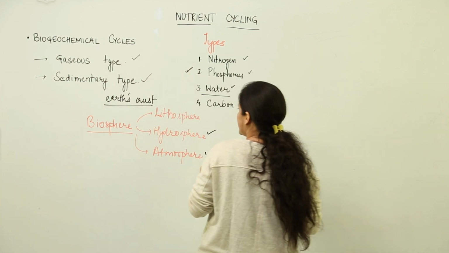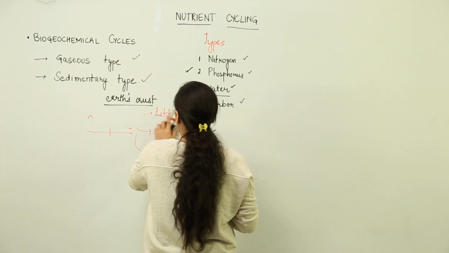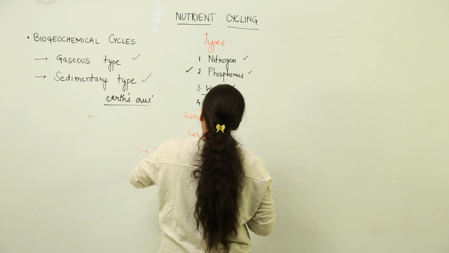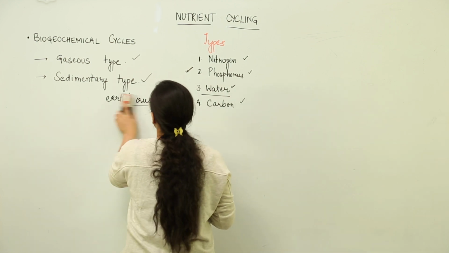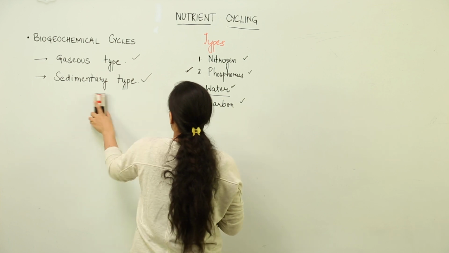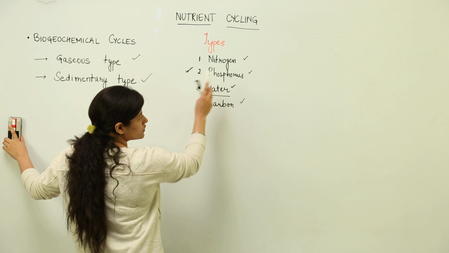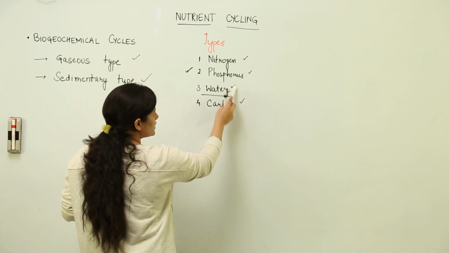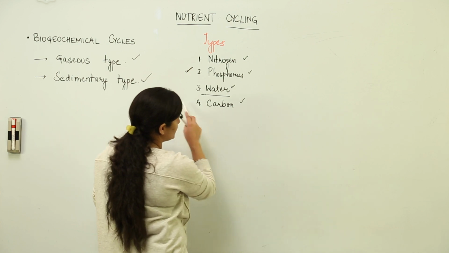Now, what we are going to study is the types of biogeochemical cycles. There are different nutrients which are to be cycled within the ecosystem, and then from one ecosystem to another ecosystem. That is, nitrogen is to be cycled, phosphorus is to be cycled, water is to be cycled, which is the source of hydrogen ions and oxygen, and carbon is to be cycled.